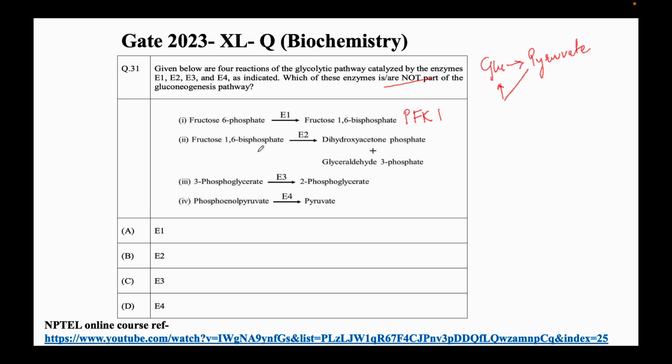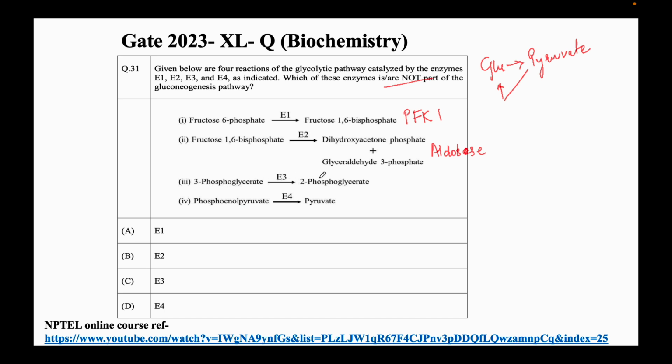So E1 is PFK1. Then fructose 1,6-bisphosphate gives dihydroxyacetone phosphate plus glyceraldehyde 3-phosphate. This is a cleavage reaction carried out by the enzyme aldolase. So E2 is aldolase.